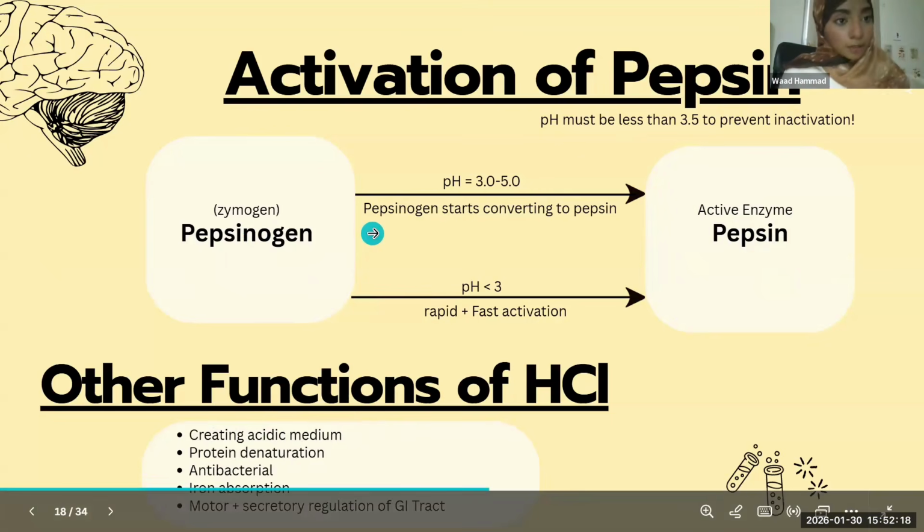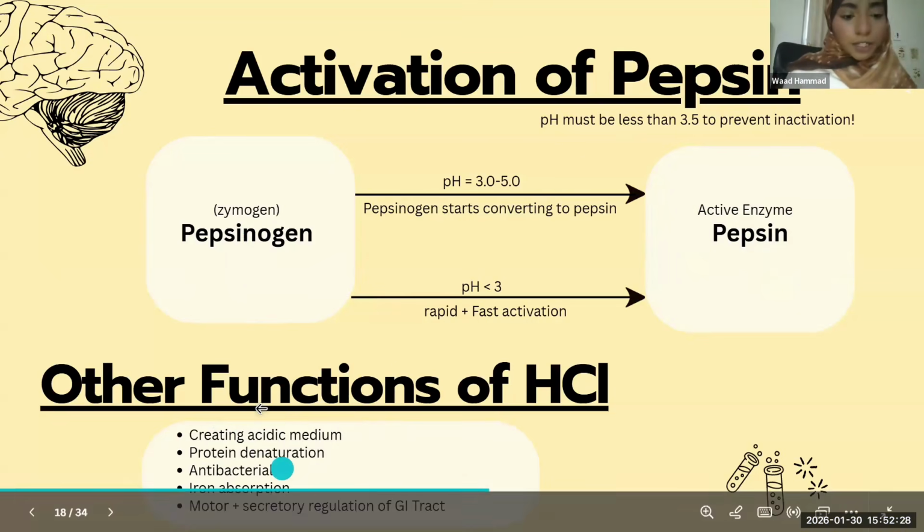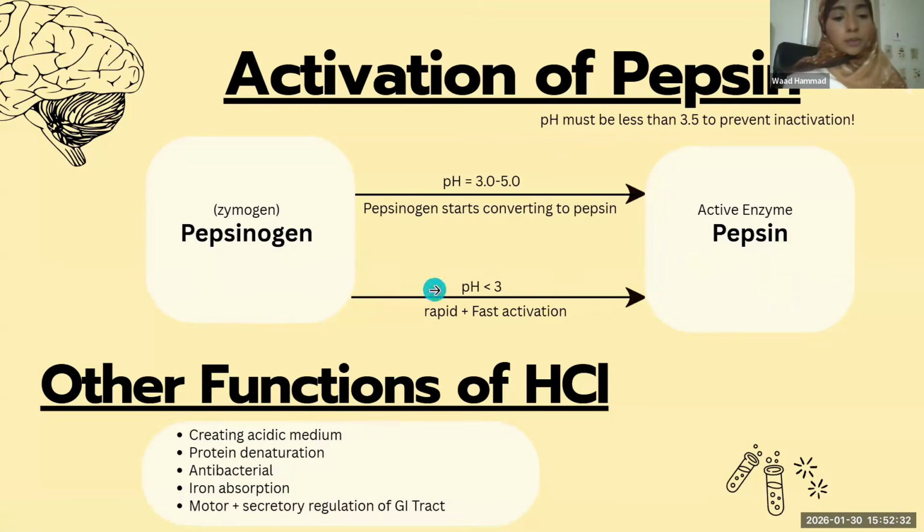It's also antibacterial, so we can stop the bacteria from flourishing in our stomach, and we're going to be talking about that a lot more. There's a whole part for bacteria in our stomach. It also helps with iron absorption, and it helps with motor and secretory regulation of the gastrointestinal tract. So it tells us how much more secretion or how much more motility we should have in our stomach, and that's basically what it's telling us with HCl.